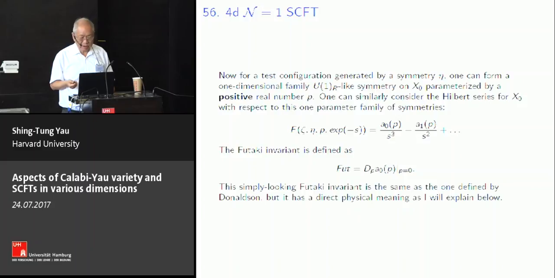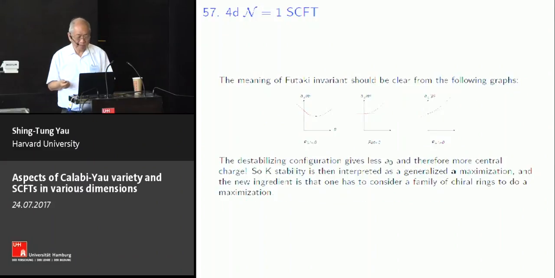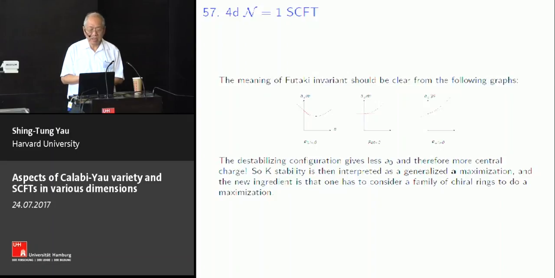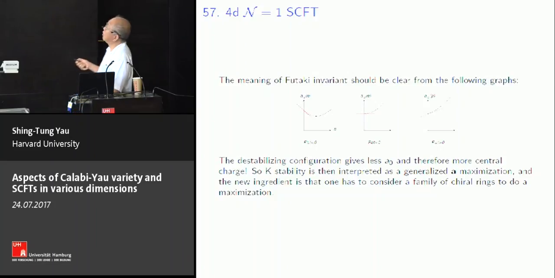So that turns out to be very compatible in every way. When we look at the Futaki invariant carefully, this destabilizing configuration gives less A0 and therefore more central charge.